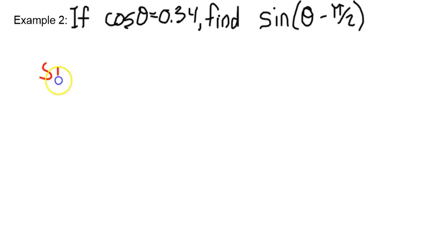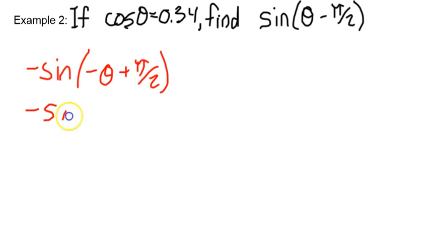So if I have sine of, I'm going to make everything the opposite sign inside the parentheses, so we have negative theta plus pi over 2. If we do that, sine becomes negative out in front. And that was our odd identity. If I just want to simplify this a step, we can rewrite the terms inside the parentheses as pi over 2 minus theta.